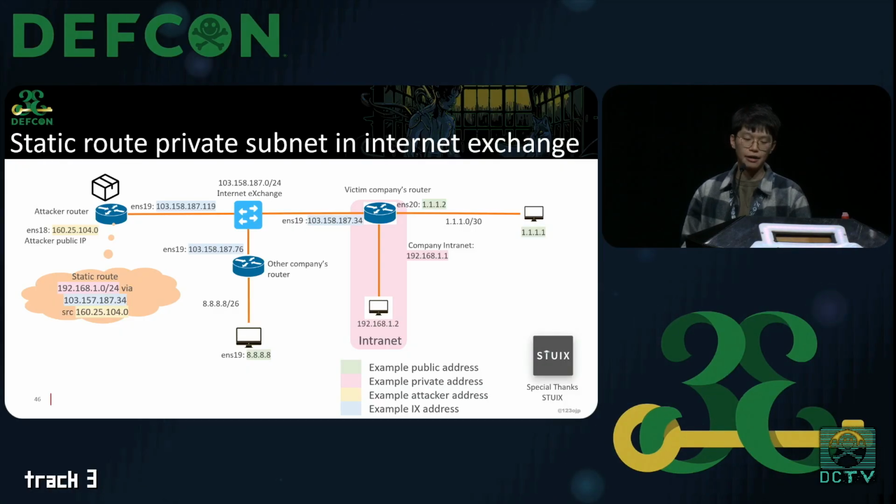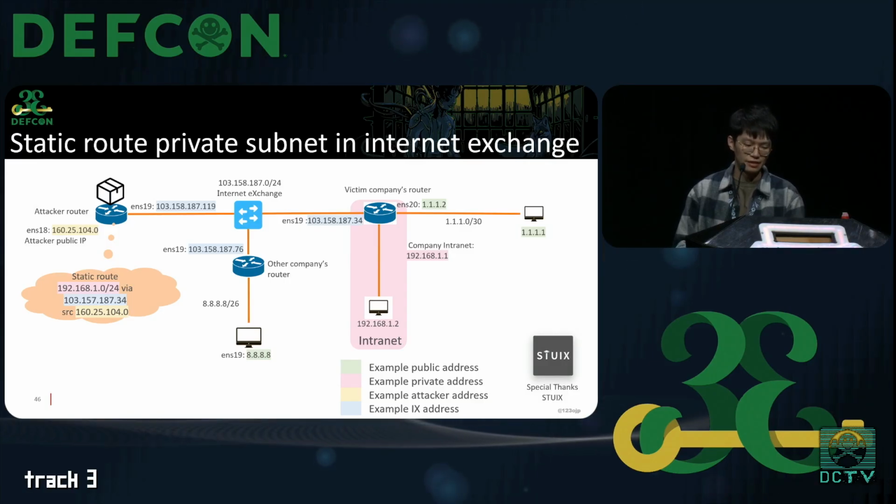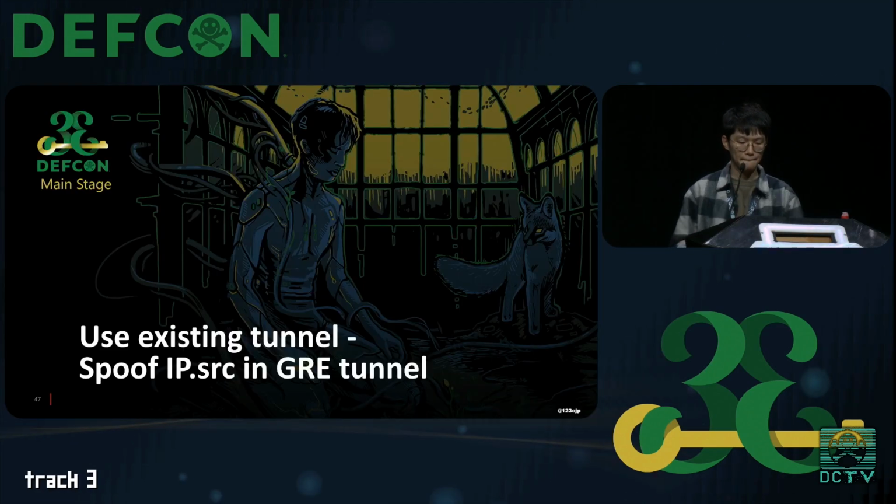And then we can create a connection using our own public IP as the source IP and a private subnet as a destination. The victim router will forward the packet to its intranet via its routing table, and the intranet target will respond to the attacker at its public IP because the packet source IP is a public one.